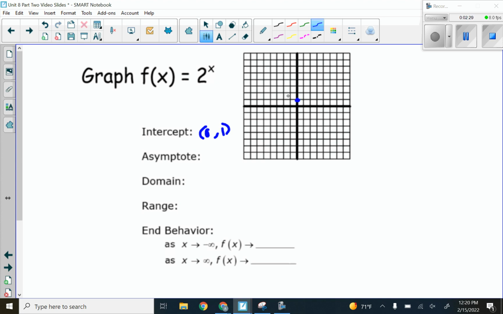Our asymptote this time is going to come from that k value. In this case, since we don't have a k, we're not adding or subtracting anything here. It is y equals 0. So it's a horizontal line like that.